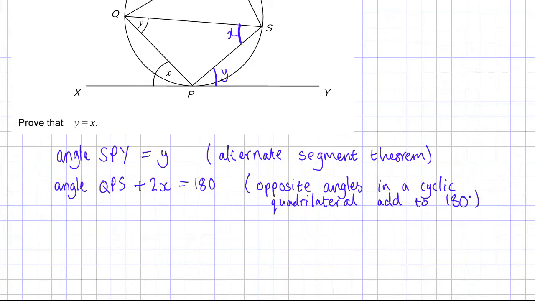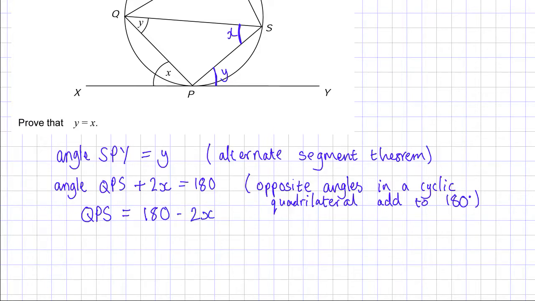So this also means that angle QPS must be 180 take away 2x. But this time I'm just going to write QPS because I've said angle QPS already. So QPS is equal to 180 minus 2x.